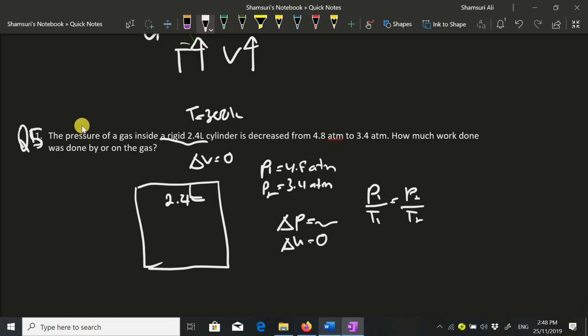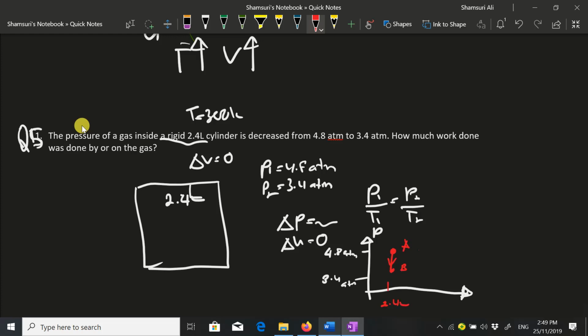If you have the PV diagram, we have something like initially 4.8 dropping down to 3.4 atm. So the pressure will drop down, but the volume is maintained at 2.4 liter.